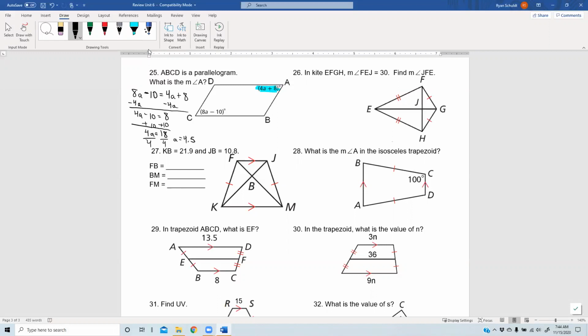But is that what they asked me to find? No, I have to plug it in. So 4 times 4.5 plus 8 is going to give me 26 degrees. There we go.